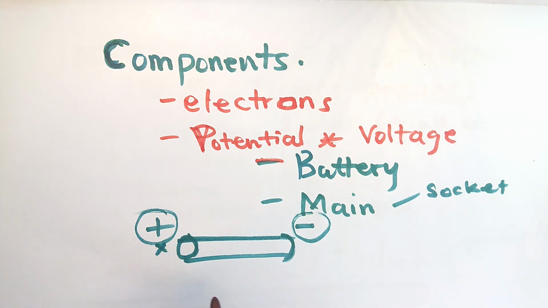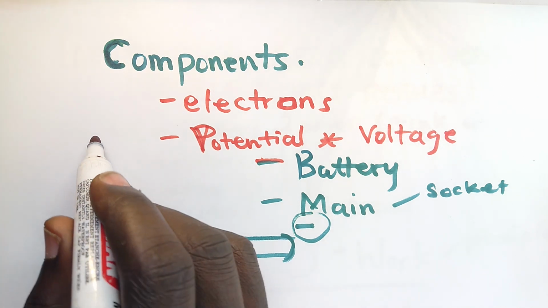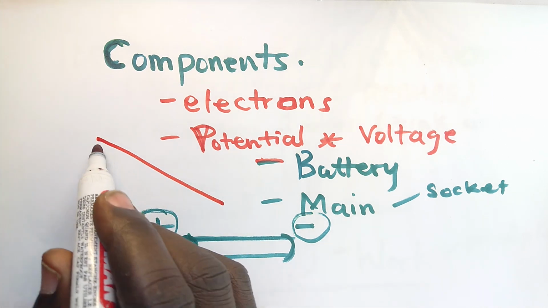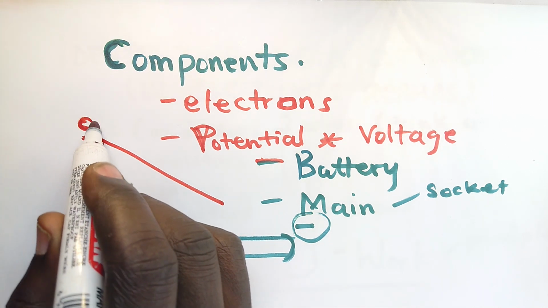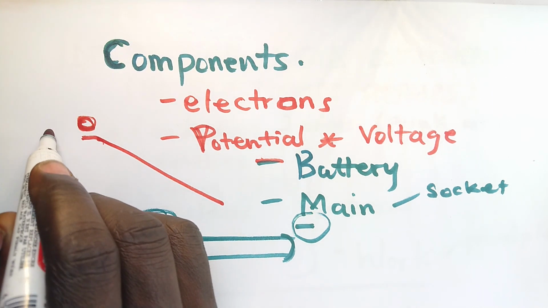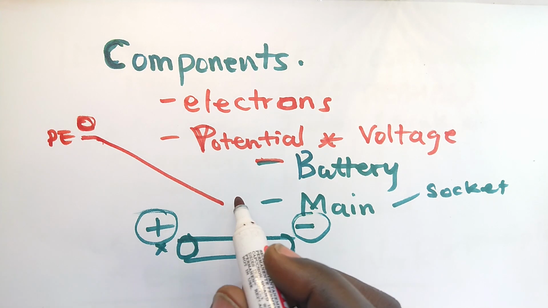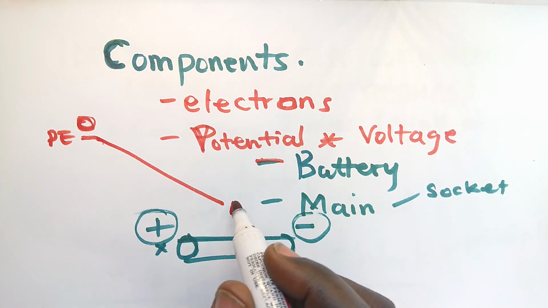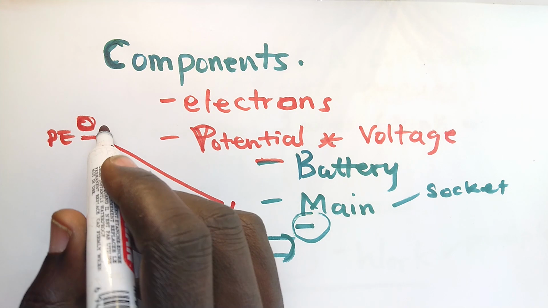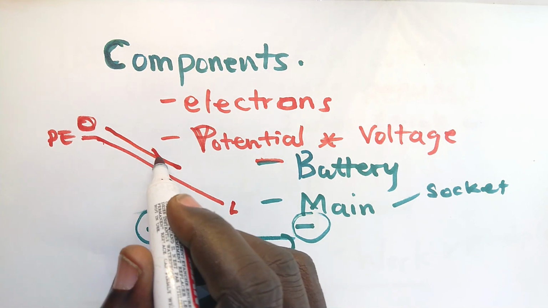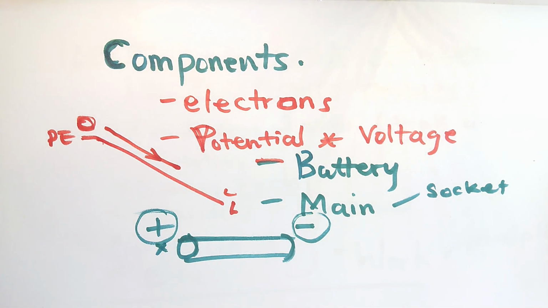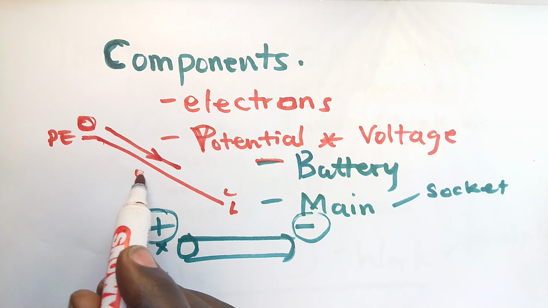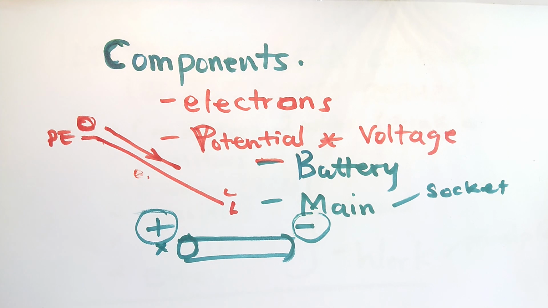So you just imagine it the way you would see a slope. At the top of a slope there's high potential energy, and then at the bottom there is low potential energy. Yeah, so this thing will easily roll down to the bottom, and that's the same thing with electrons, current.